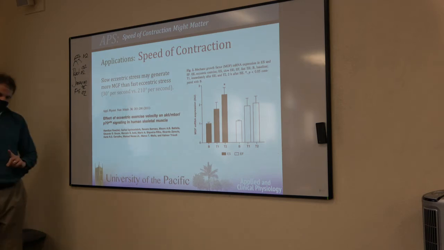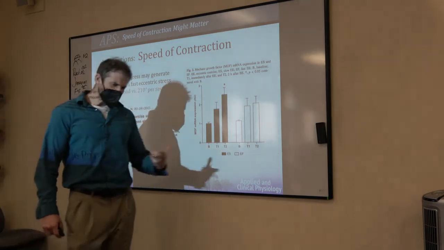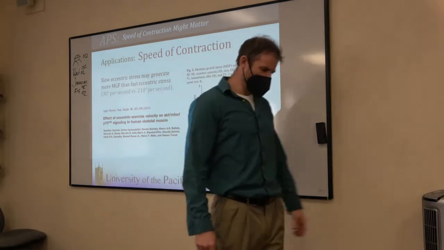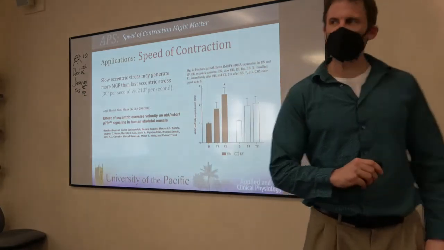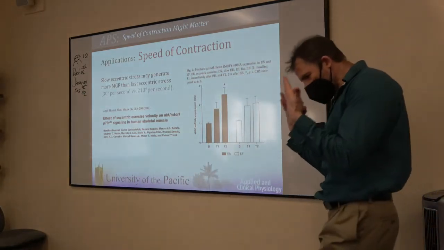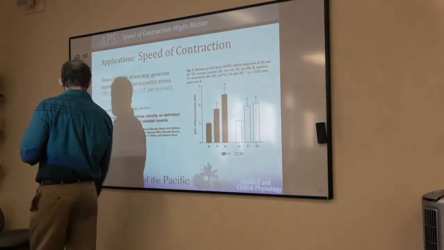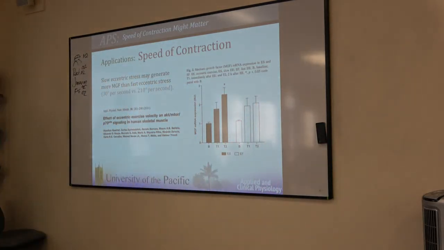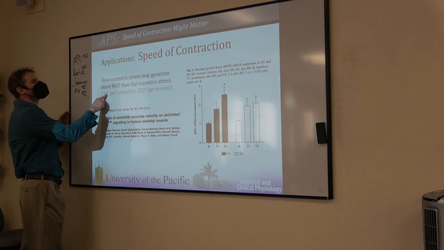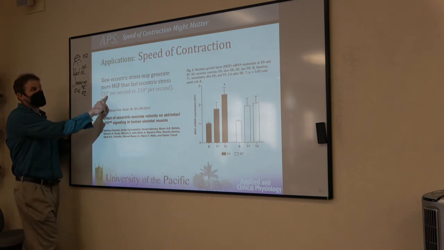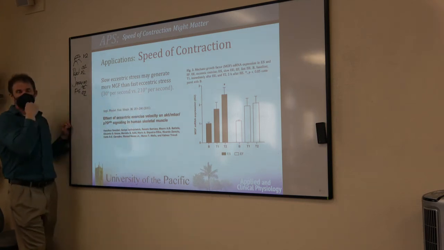Now, speed of contraction. Limited data here, but there's evidence that the speed of contraction as you're doing eccentric loading matters too. The speeds they were comparing were 30 degrees per second compared to 210 degrees per second.